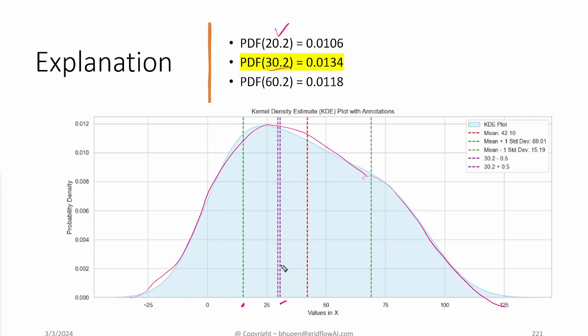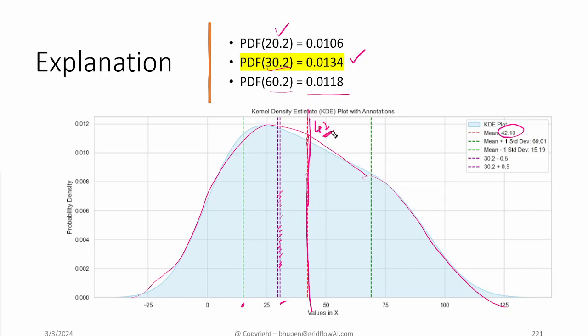Okay, so notice the small region I have drawn here. So the PDF is 0.134. And the PDF for 20.2 is 0.106, and PDF of 60.2 is this one. Now the mean of my data series is 42, which is a red line here. So this is my 42.